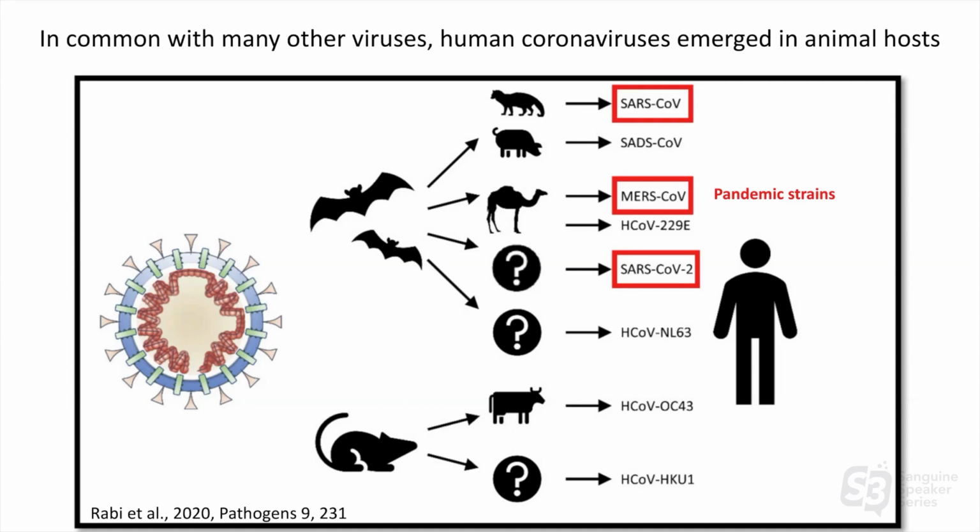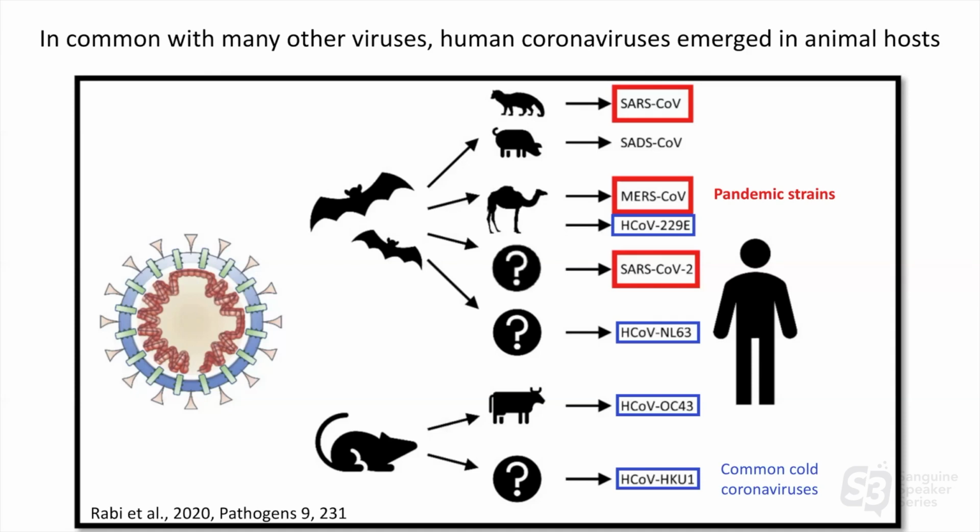But what we've had in the world circulating for a long time are common cold coronaviruses, which infect humans, which are in blue here. So these particular viruses, there are 4 known strains of these. These arose sometimes in bats and sometimes in rodents, and sometimes they had an intermediary host, sometimes they didn't, a secondary host, I mean.